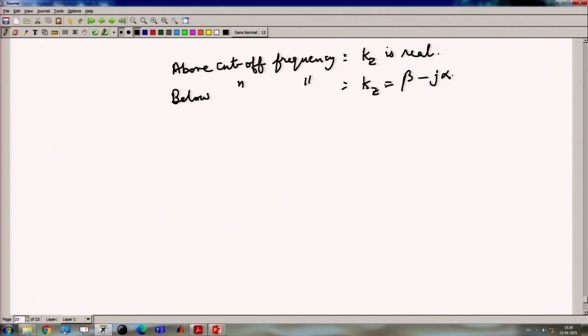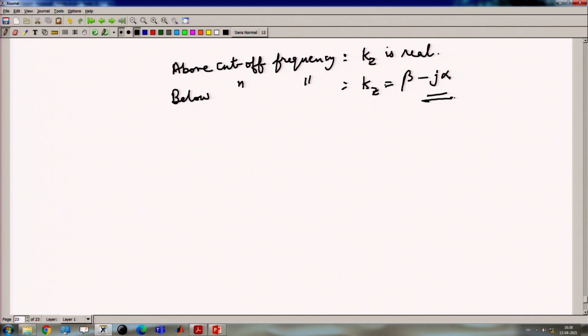But since the dielectric is loss free, this attenuation of the wave, which is the complex part of kz, is due to the radiation of energy in the air region as the wave propagates inside the dielectric. So, as the wave propagates inside the dielectric, it progressively loses energy in the air region.